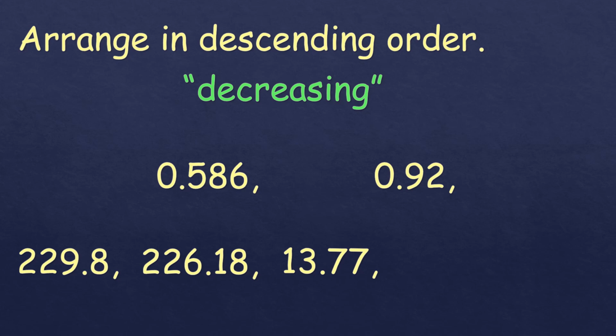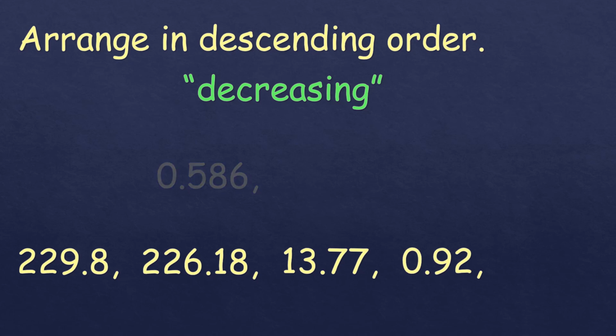Next we have the remaining 2, and they have 0 in tens place and ones place. Now we have the tenths place, which has different digits, 5 and 9. So the bigger number is having the 9, so we're going to put that as the next, and last is 0.586, and that is decreasing order.